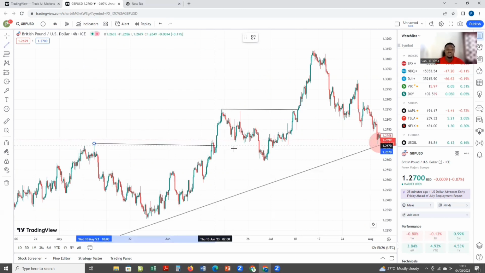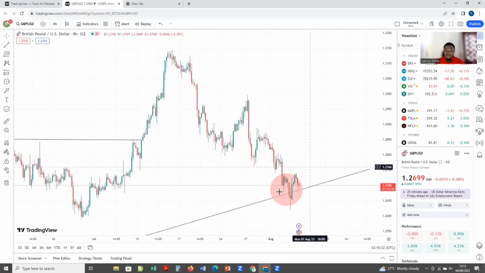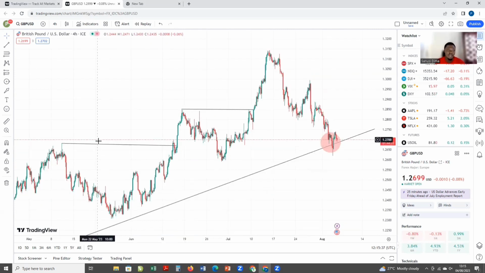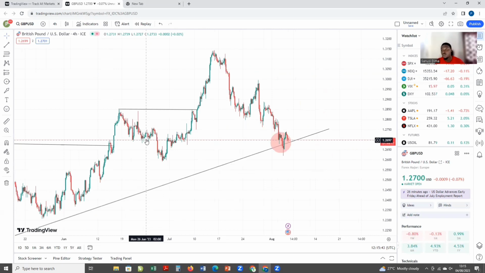My first bias was that there's a turning point at this zone. The second reason why I'm buying is because I've seen the first break of structure, I've seen the second break of structure, and overall, we are in an uptrend on the daily time frame.